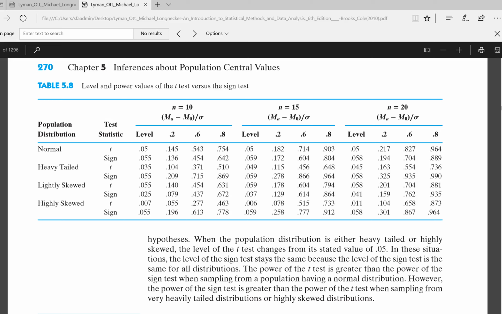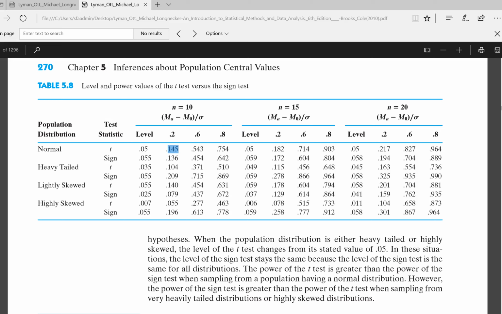Now as M_A minus M naught over sigma increases, what that's saying is the true value of the median is different than the null hypothesized value. As that increases from 0.2 to 0.6 to 0.8, this now becomes the power of the test.